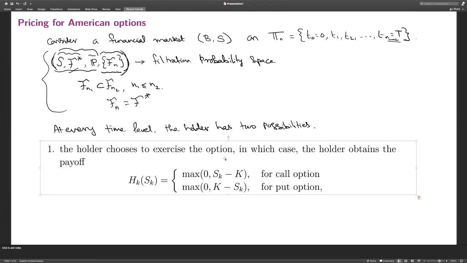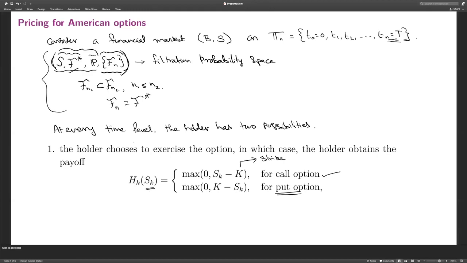Well, one is that the holder can choose to exercise the option at some time level, say Tk, in which case the holder obtains the payoff, which is given by this Hk, which depends on the price of the stock at that time, that is Sk, and that payoff is defined by maximum of 0, Sk minus K when it is a call option, where K is the strike, and in the case of a put option it is maximum of 0, K minus Sk.